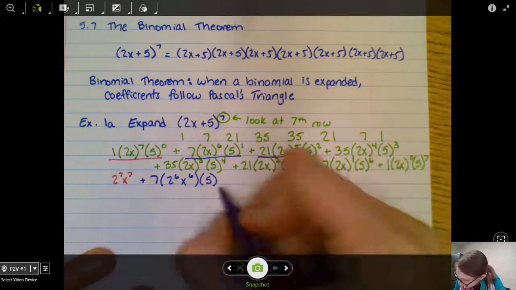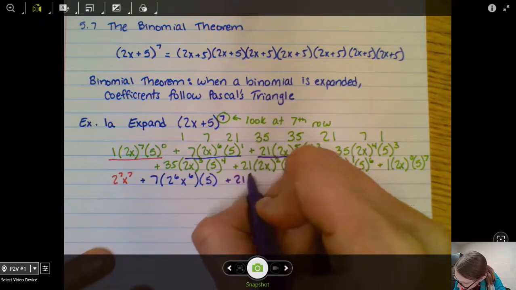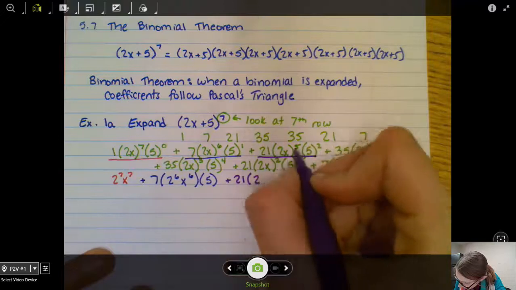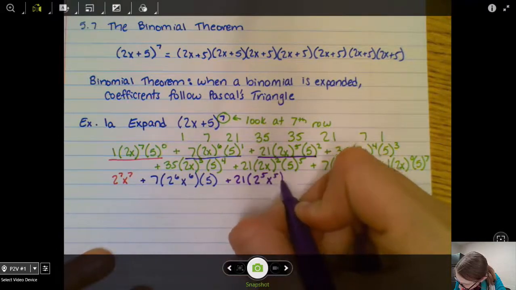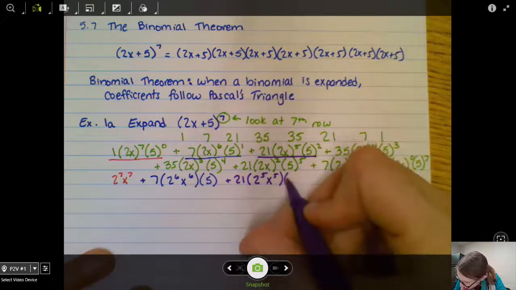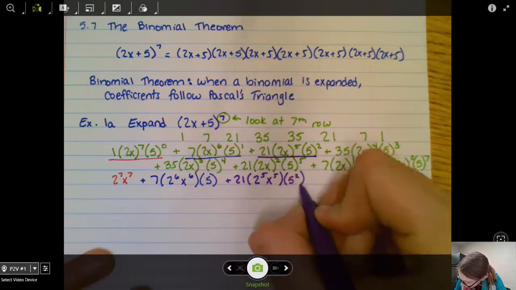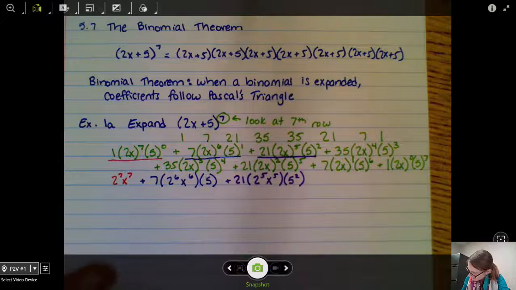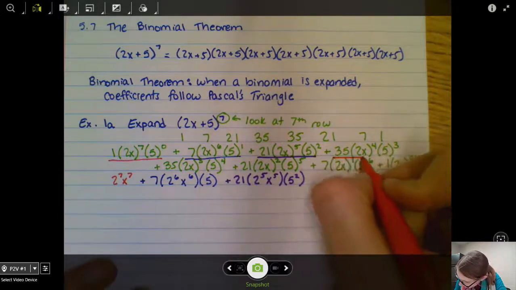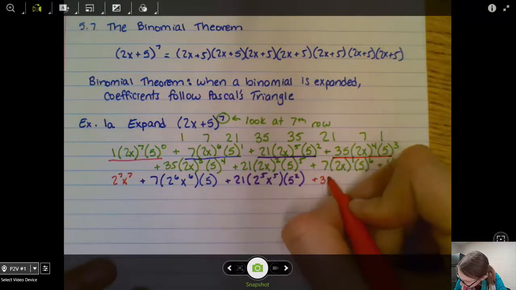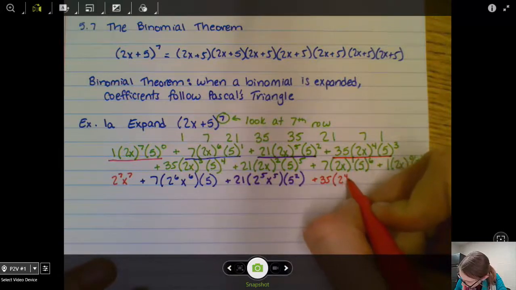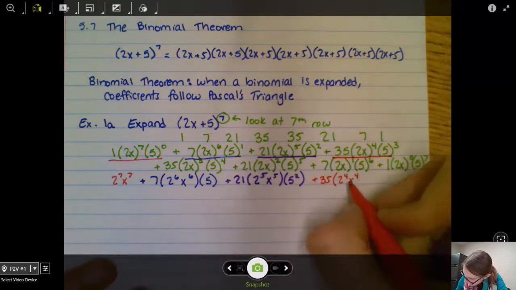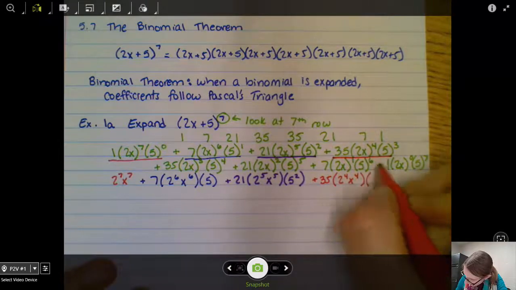Then 21 times 2x to the 5th power is 2 to the 5th power, x to the 5th power, times 5 squared. Plus 35 times 2x to the 4th power is 2 to the 4th power, x to the 4th power, and then 5 to the 3rd.